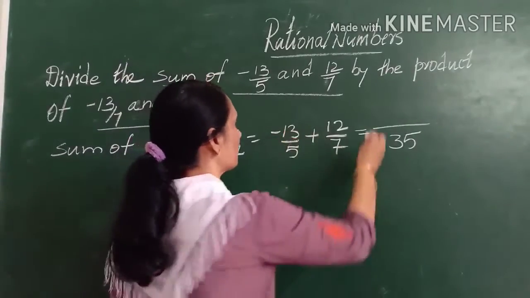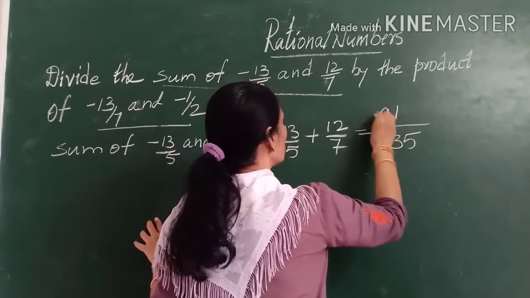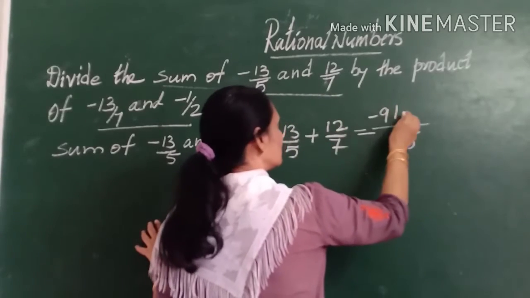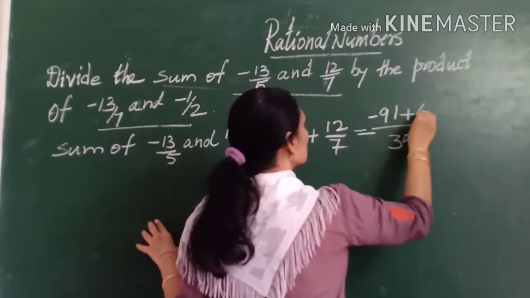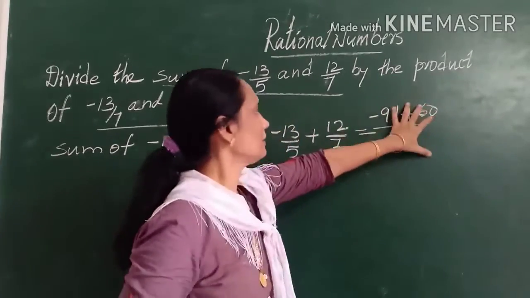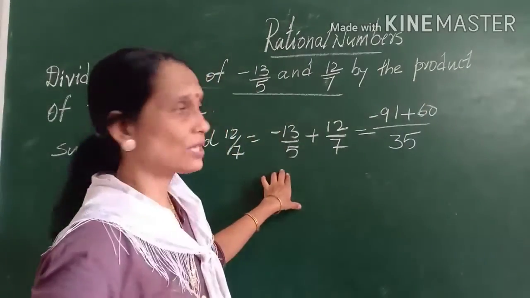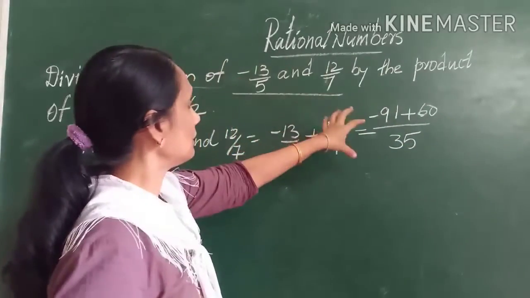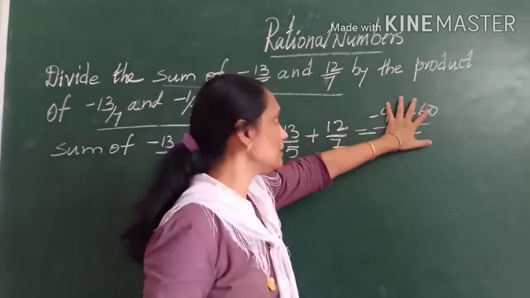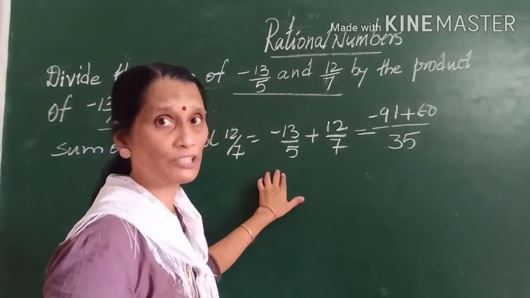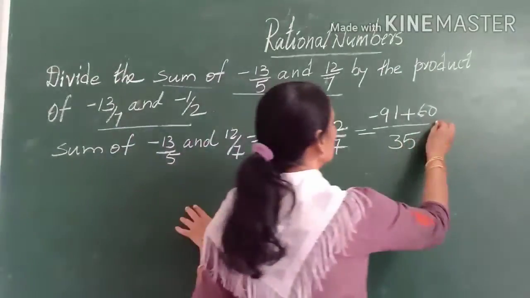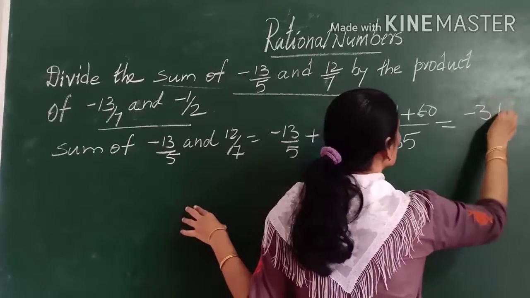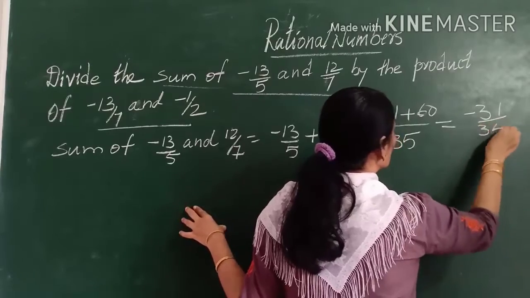Minus 13 into 7, minus 91, plus 12 5s are 60. You can write this step here. Since I do not have the place, I am writing like this to show everything in detail. You can write these steps under this one. That will be better for you. See here again, minus 91 plus 60, minus 31 by 35.